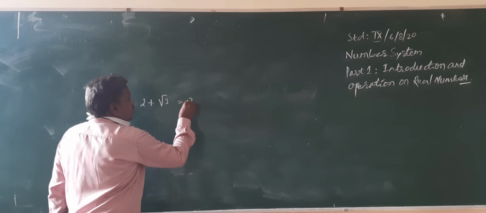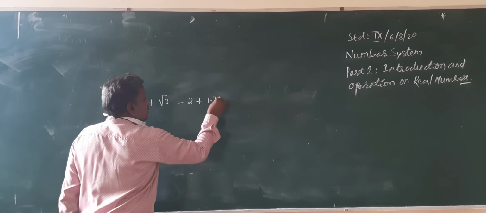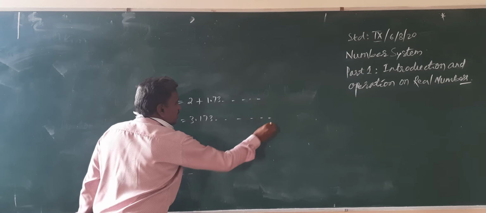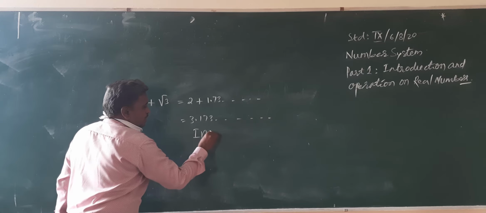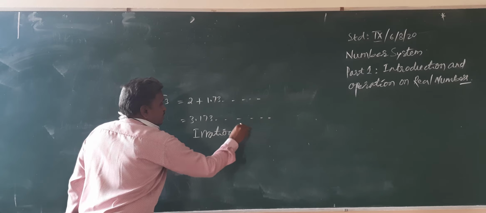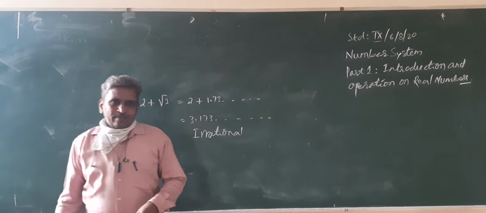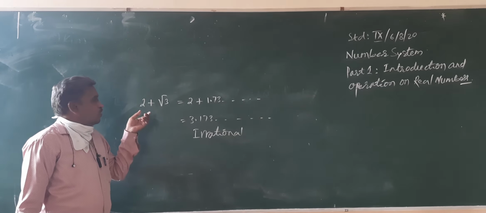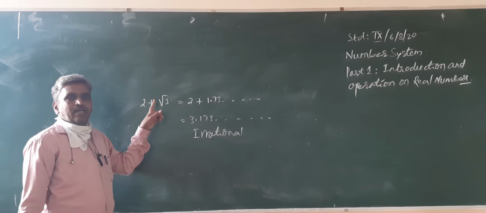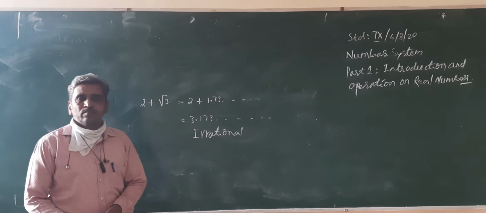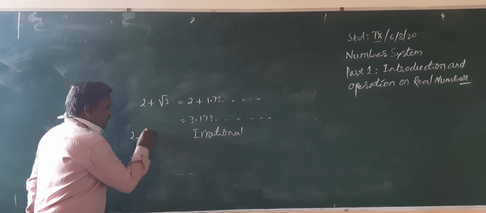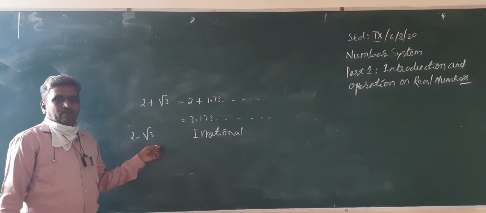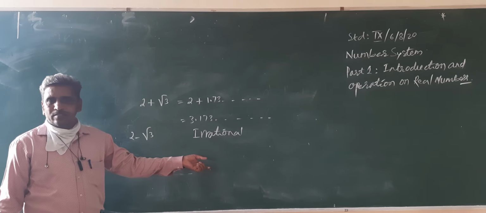Just for example, 2 plus 1.73 gives 3.73 and so on. It gives an irrational number, which is non-terminating, non-recurring. So 2 plus root 3 is an irrational number. It means the sum of a rational number and an irrational number is an irrational number. Likewise, 2 minus root 3: the difference of a rational number and an irrational number is again an irrational number.